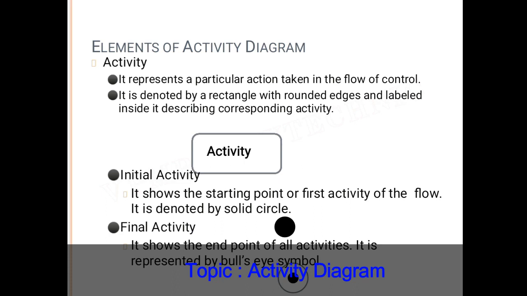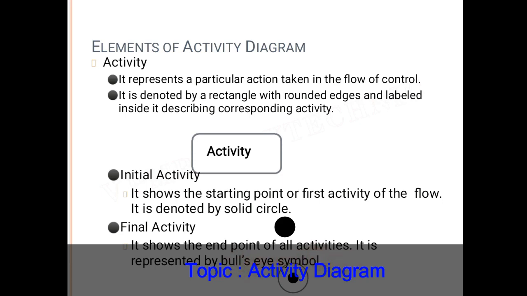In this type of rectangle we denote an activity. Then this filled circle, known as a solid circle, denotes the initial activity. And this bullseye symbol denotes the final activity.